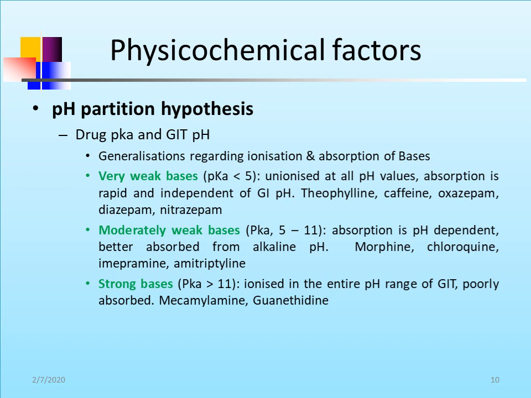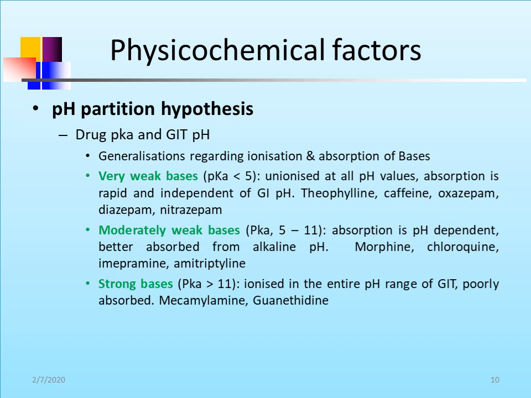Moderately weak bases with a pK of 5 to 11: absorption is pH dependent and they are better absorbed from alkaline pH, for example morphine, chloroquine, imipramine, amitriptyline.